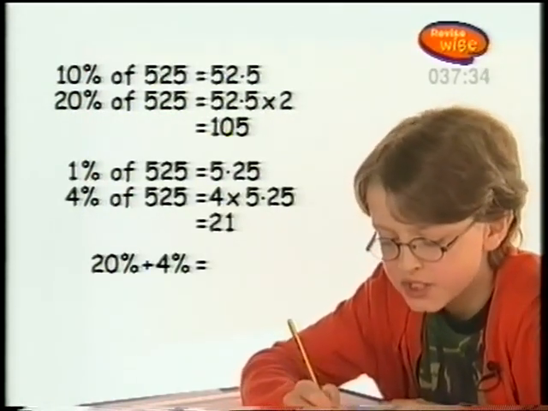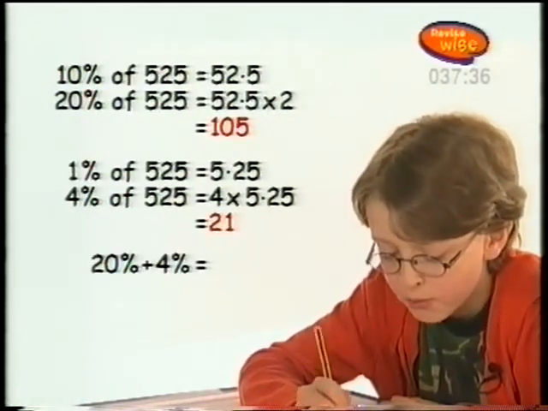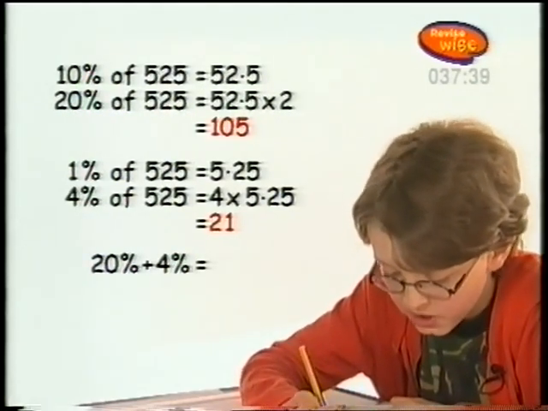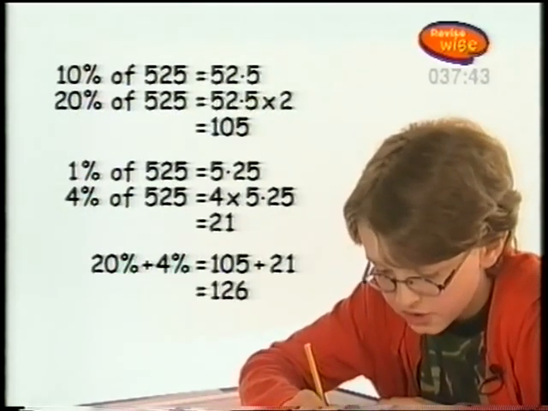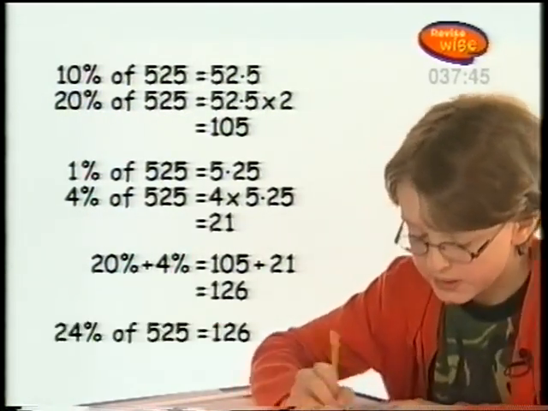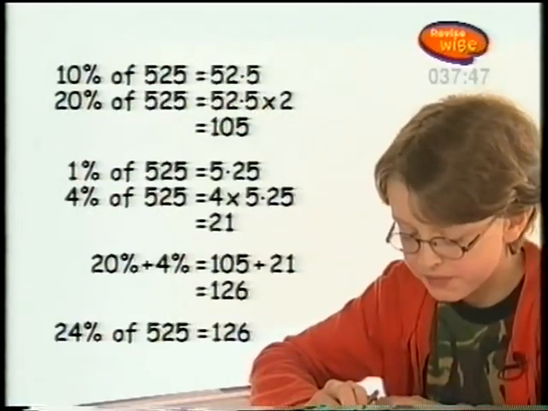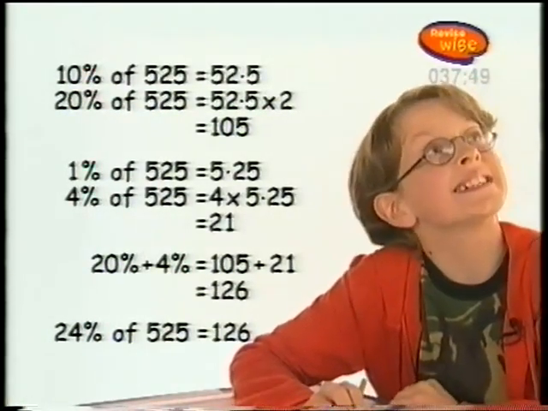I add my answers for 20% and the 4% together, so that's 105 plus 21 equals 126. So 24% of 525 is 126. So write it in the box to get the mark.